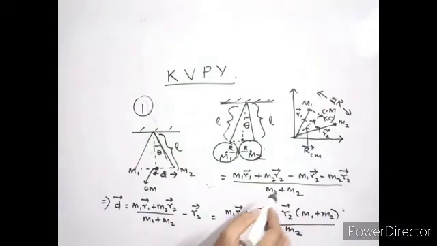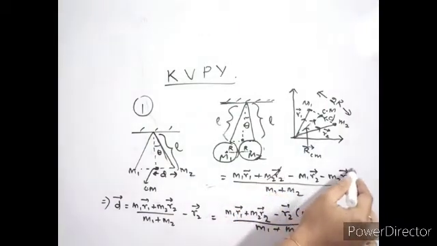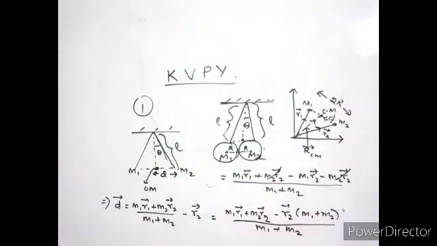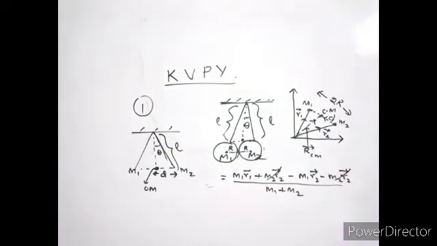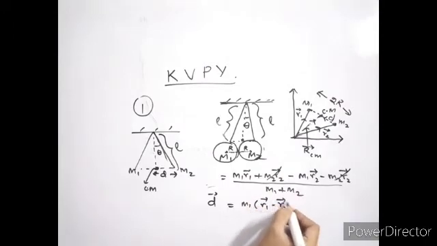Now obviously you can see that m2 r2 vector gets cancelled for the positive and the negative parts, and all we are left with is d vector equal to m1 taken common for both the terms, m1 multiplied with r1 vector minus r2 vector, whole divided by m1 plus m2.